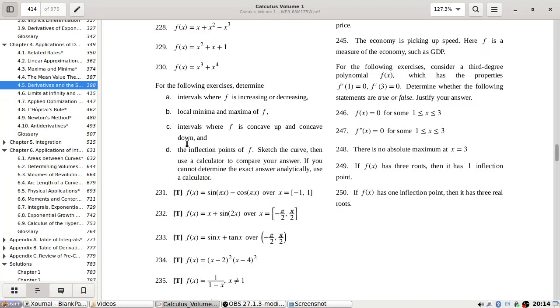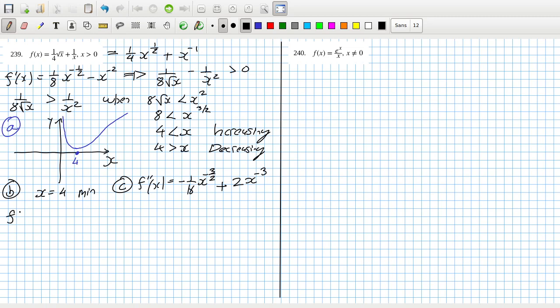Now, concave up. So we want the concave up. So concave up is the second derivative is positive. So that's 2x power minus 1 over 16 x power minus 3 over 2 should be positive, which means that should be more than that, which means 32 over x cubed should be more than 1 over square root of x cubed.